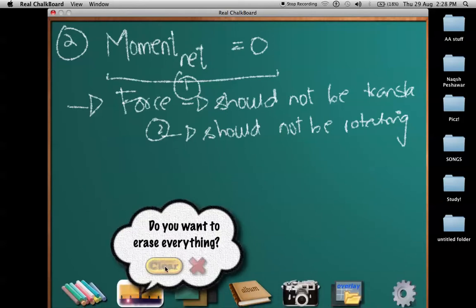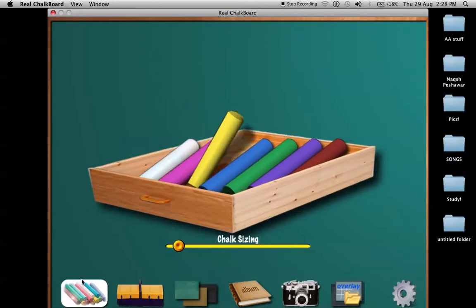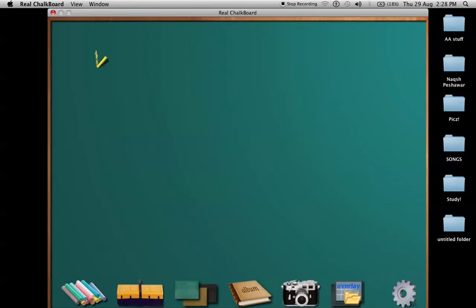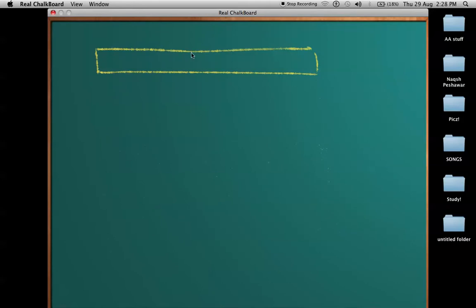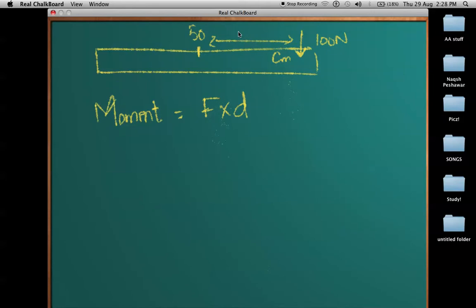So let's see a situation here. Let's talk about a plank here, wood, and let's say this is the 50th mark, and I am applying a force on this plank, say 100 newtons, and the scale is in centimeters. Let's see the moment of this force. Moment is simply F times perpendicular distance, which is this distance, which is 50 centimeters.